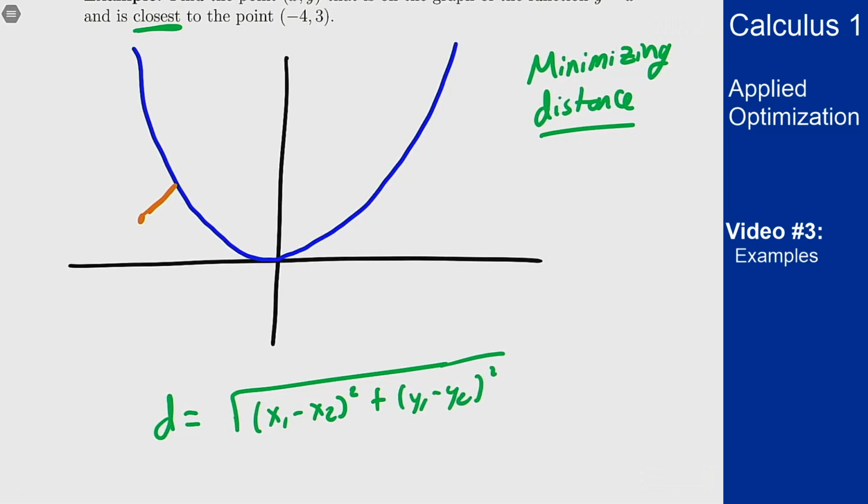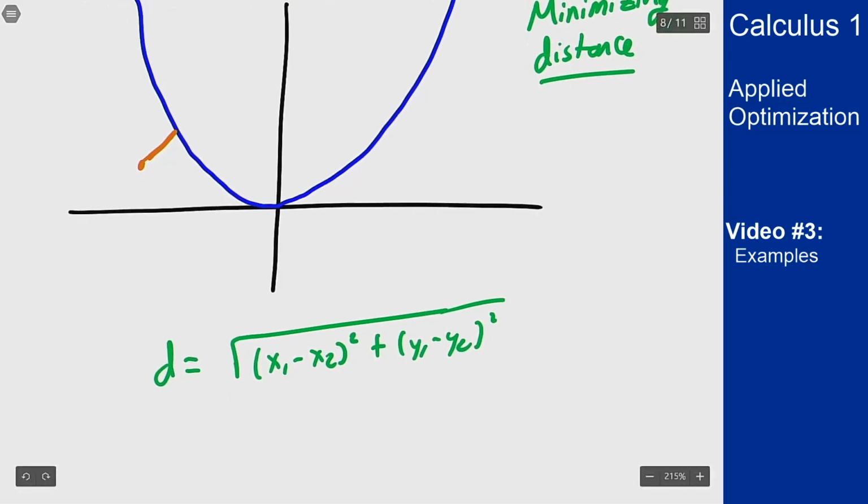But if we're trying to minimize distance, we could also just minimize distance squared, and that would give the same result. Because if distance is small, distance squared is also small, and it becomes the smallest point that way as well. It won't give us the same actual value for the function, but we'll find the same minimum.